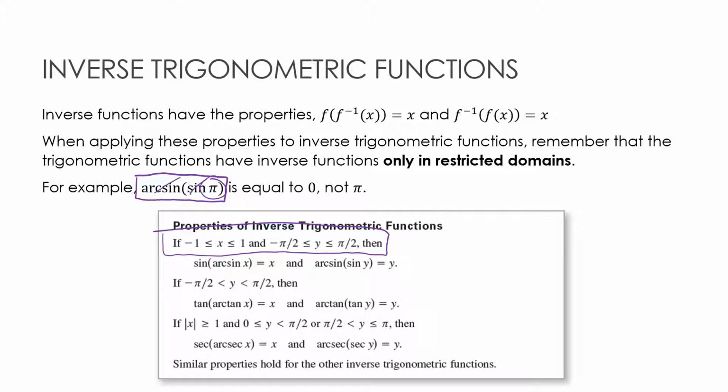So pi is not in there. So my solution would be 0 and not pi, because the sine of pi is 0, and it has to be in the restricted domain and range. So again, make sure that you know those restricted domains and ranges as we're solving.